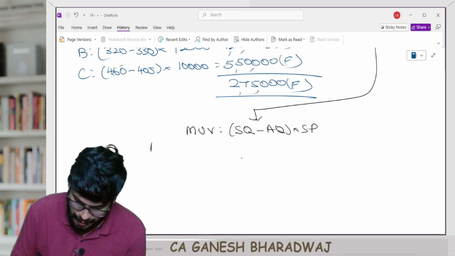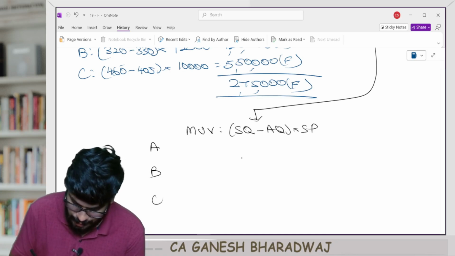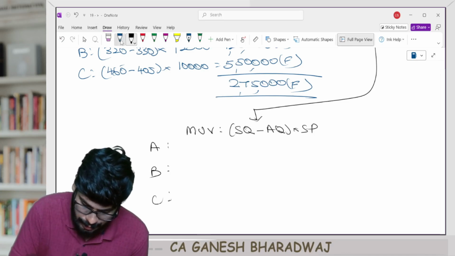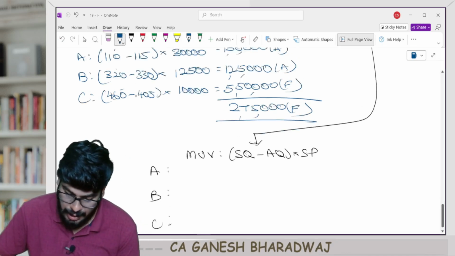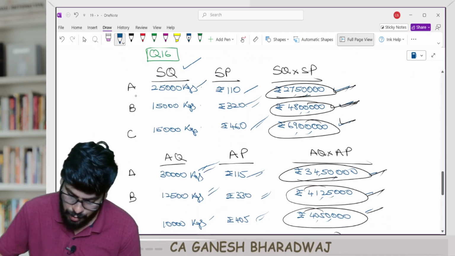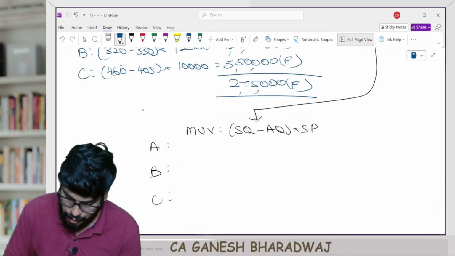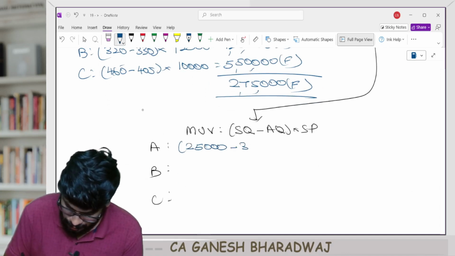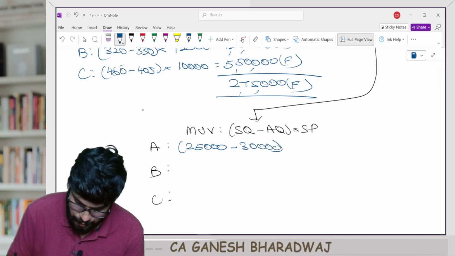So for product A, B, and C respectively, what are the figures? So standard quantity, how much is the total standard quantity? 25,000. Actual quantity 30,000. So here it's going to be 25,000 kgs minus 30,000 kgs into standard price.